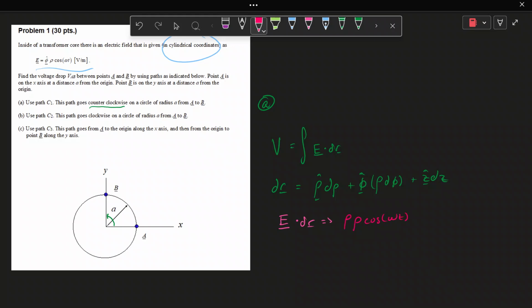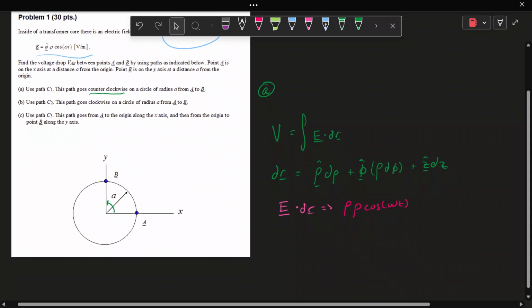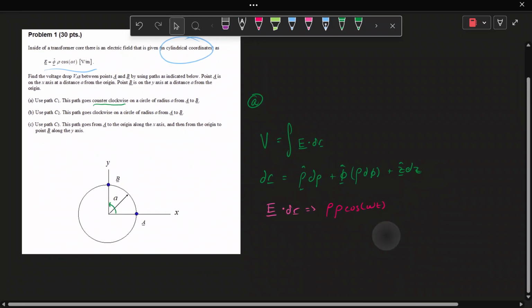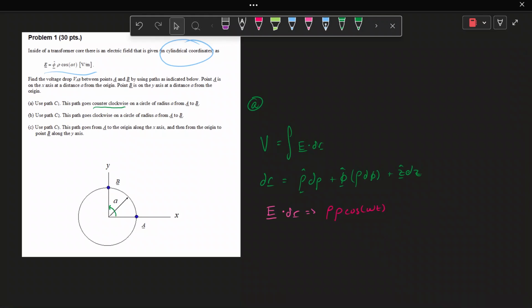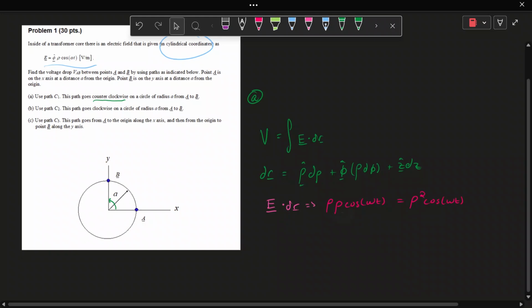All right. So what does that really mean, though? Well, that means we end up getting rho squared cosine omega t. Perfect. So that is our E dot dr.